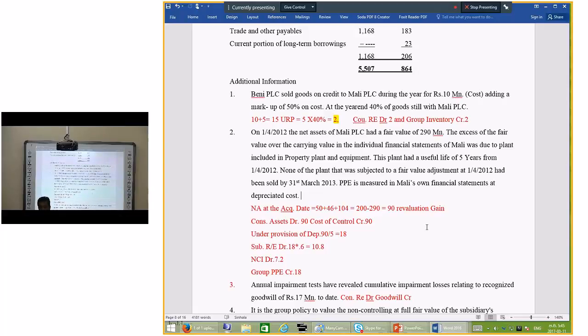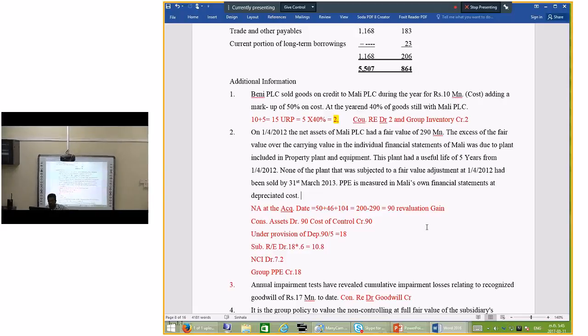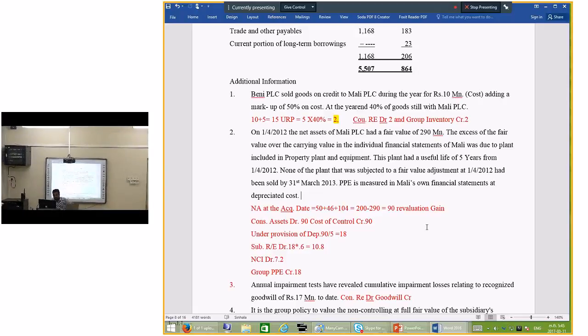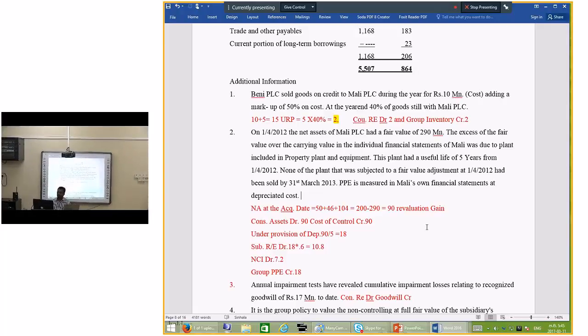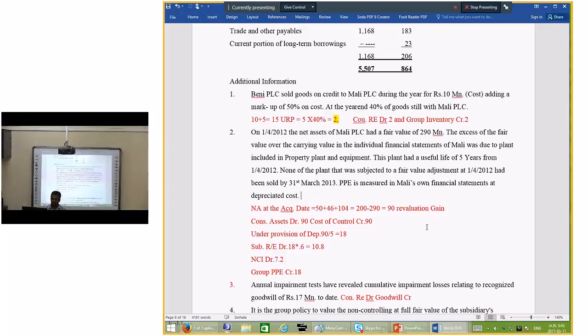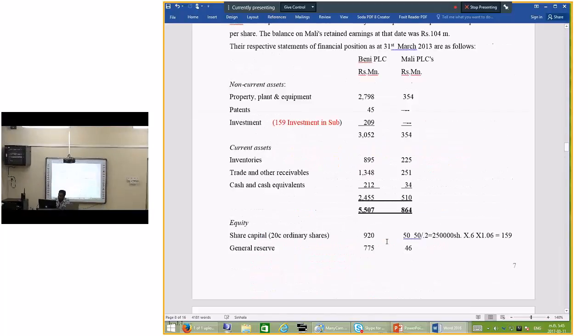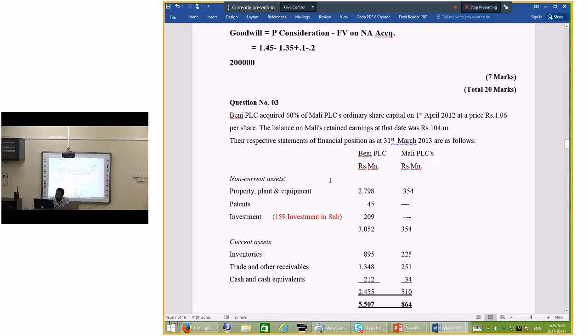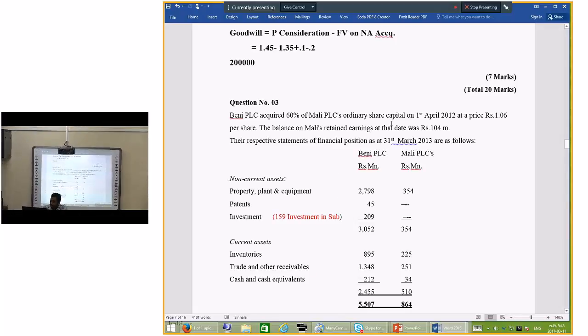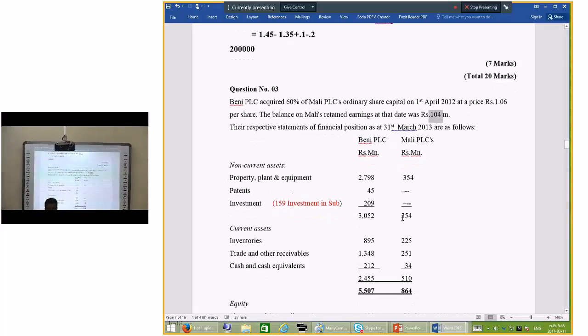Fair value of net assets on the acquisition date of the subsidiary is how much? 290, it's given. Then I told you how to find the fair value excess on the acquisition date. It's kind of a big adjustment. Usually you can get at least 3-4 marks for this. So the fair value of the net assets on the acquisition date is 290. Then you find out the book value of the subsidiary on the acquisition date. How to find it? They are given somewhere here. I saw retained earnings on that date 104. Look, that plus.